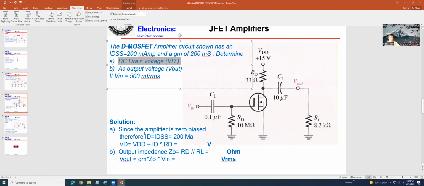I've given you a little help on the solution. It says since the amplifier is zero bias, therefore ID equals IDSS, equal 200 milliamp.